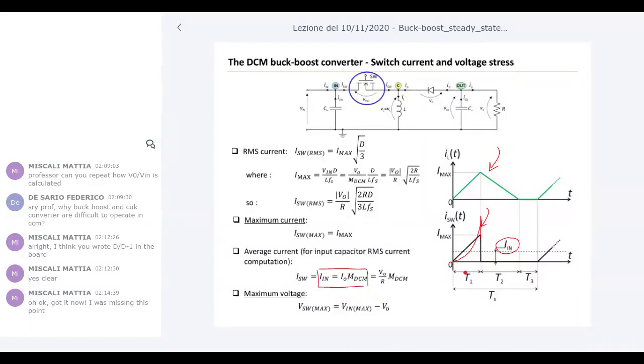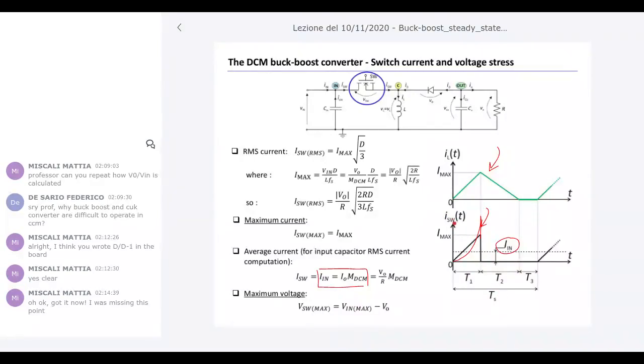The rectangle has area T1 multiplied by Imax squared, divided by Ts. So if you have 1/3 of T1 multiplied by Imax squared divided by Ts, you can have the root mean square value squared.